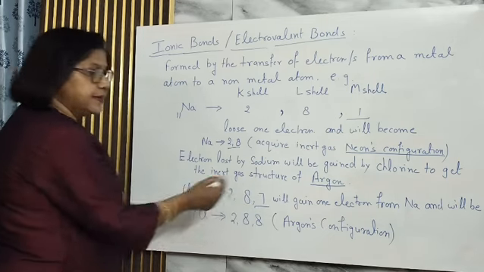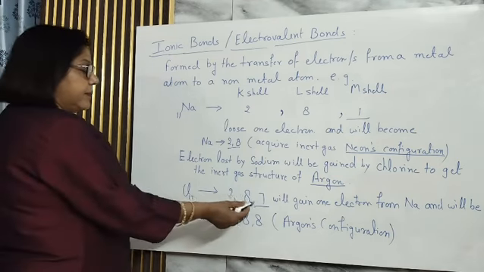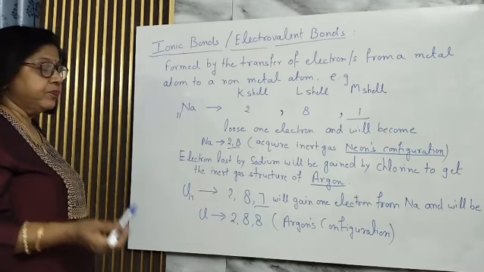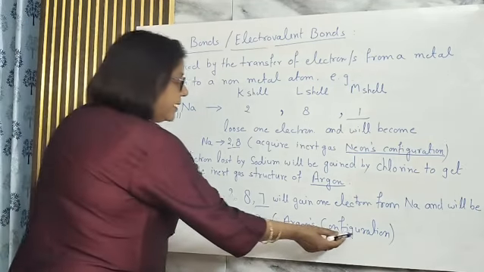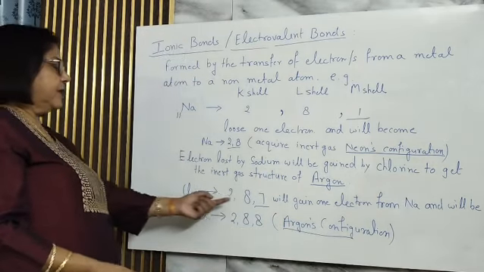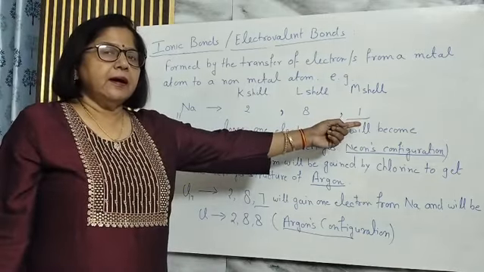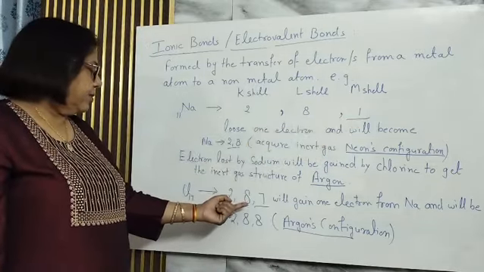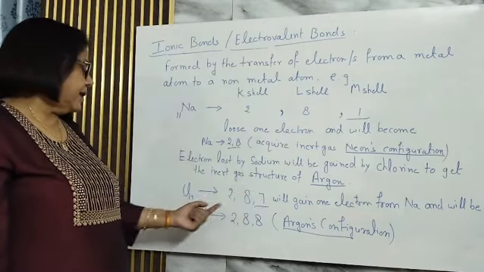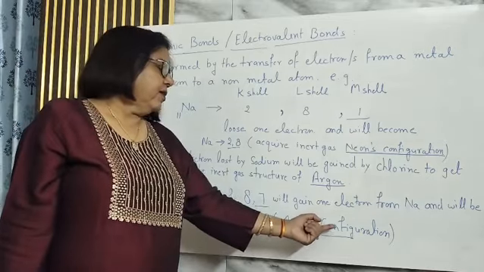Since chlorine has 7 electrons in its outermost shell, it wants to gain 1 more electron to get the inert gas configuration of argon. So the electron lost by sodium is gained by the chlorine atom, and as a result, chlorine attains the inert gas structure of argon.